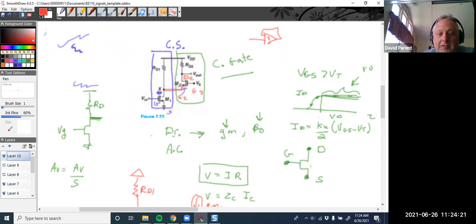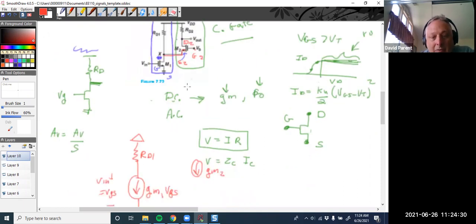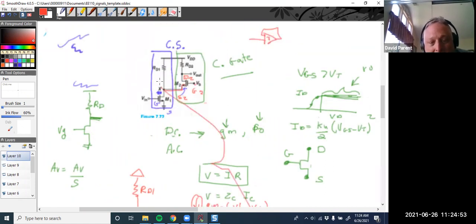And to turn this on, it's the voltage between here and here that's important, not between here and ground, right? So it's not VB, it would be VB minus VX, because that would be the gate and that would be the source. But over here we have RD2.